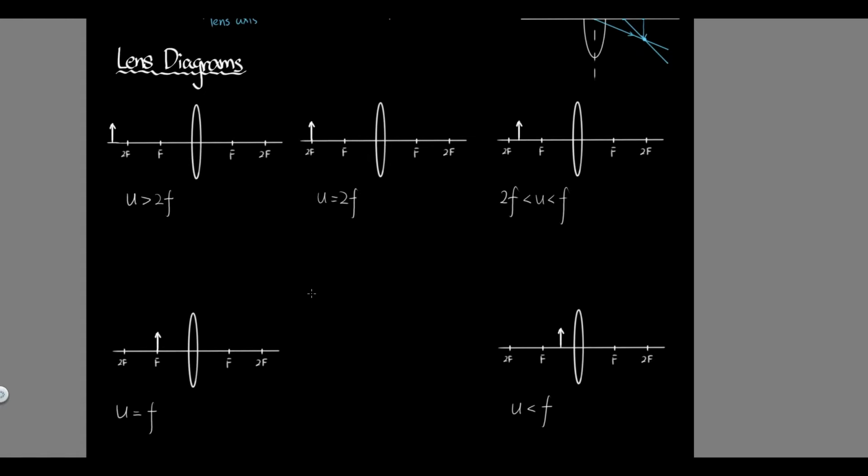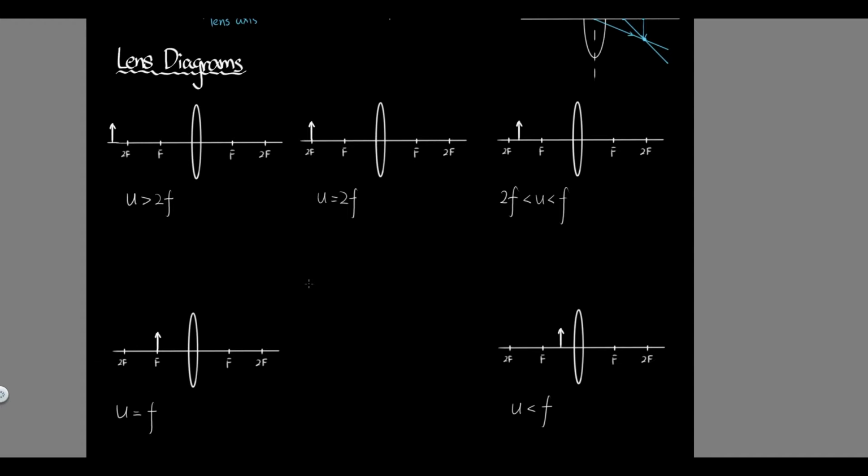So, today I'd like to talk a little bit about lens diagrams. This is one of the most important concepts and topics discussed in the entire unit, and it's really helpful to know and fully understand how lens diagrams work. It will not only help you on problems that require a lens diagram, but also on problems that don't tell you to draw one, where it will still be very useful to draw it.